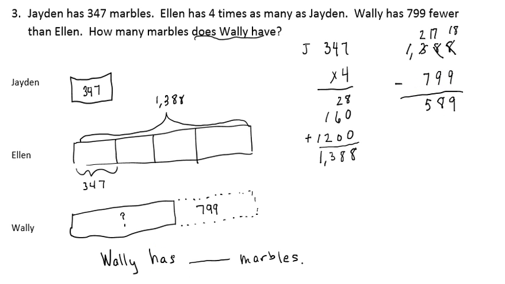So I can see that Wally has 589. This amount plus the difference adds up to the same amount as Ellen. So my final answer says Wally has 589 marbles.